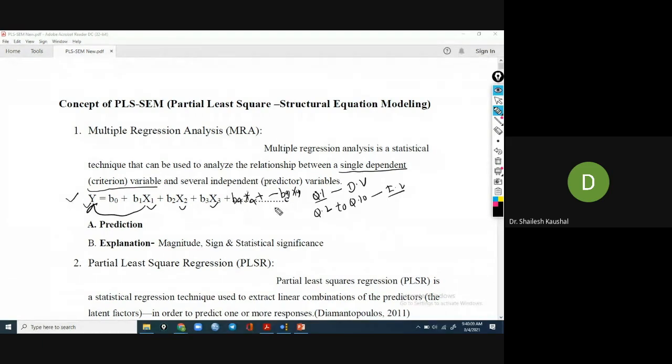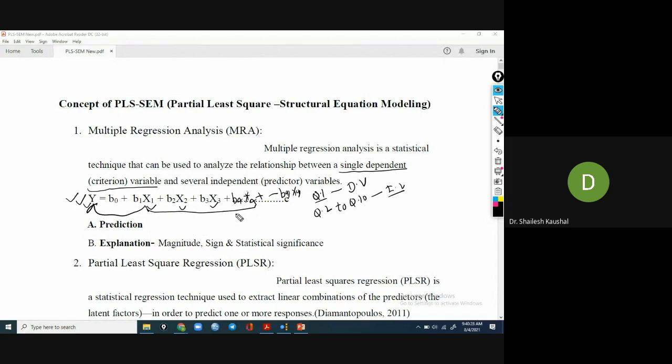It is not necessary that all the independent variables significantly contribute to the dependent variable. There may be a possibility that only 3 or 4 independent variables significantly contribute.